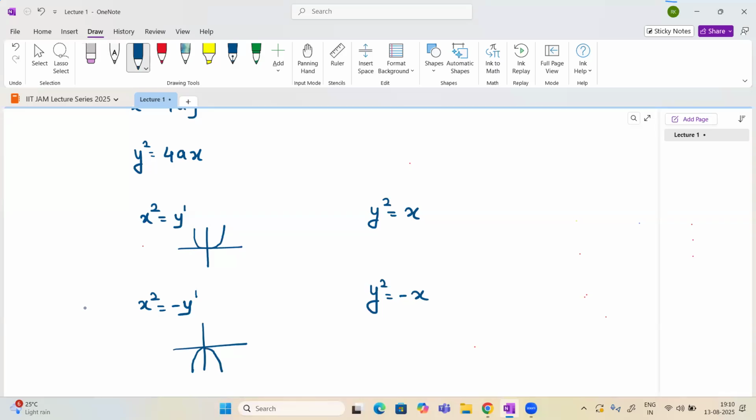What can you say about this parabola? Tell me. Here the power of x is 1, so it is symmetric about the positive x-axis, right? And the next parabola is symmetric about the negative x-axis. Very good.